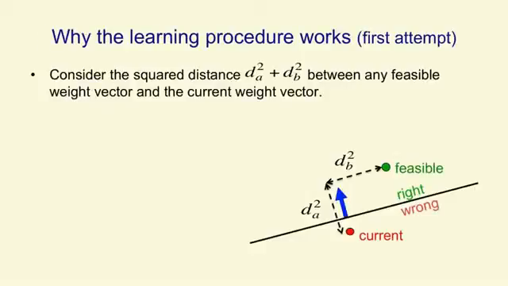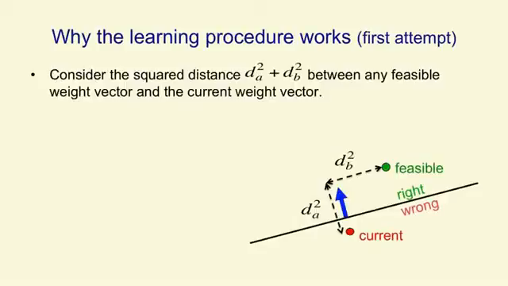And our proof is going to assume that there is a vector that gets the right answer for all training cases. We'll call that a feasible vector, and an example of a feasible vector is shown by the green dot in the diagram. So we start with a weight vector that's getting some of the training cases wrong, and in the diagram we've shown a training case that it's getting wrong. And what we want to show, this is the idea for the proof, is that every time it gets a training case wrong, it will update the current weight vector in a way that makes it closer to every feasible weight vector.